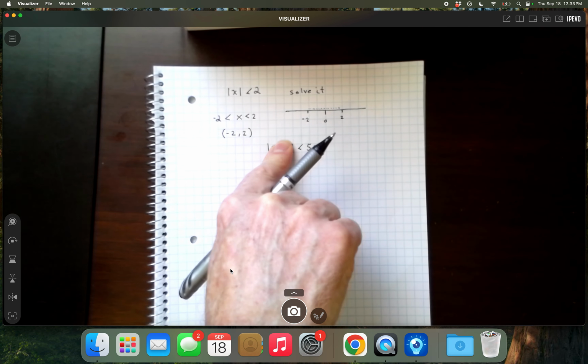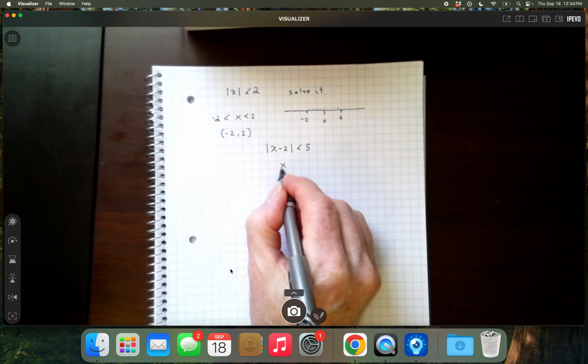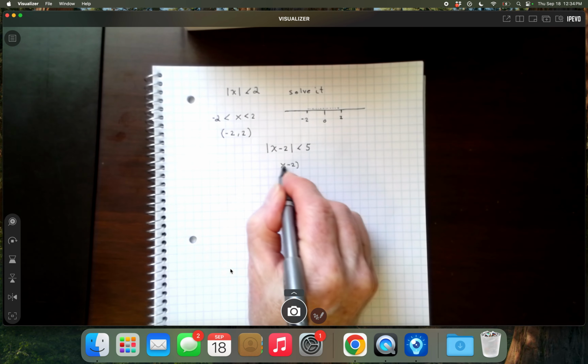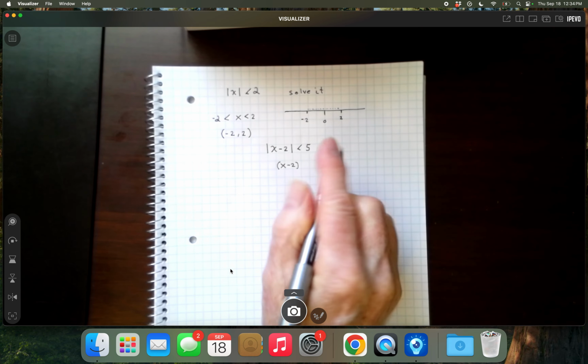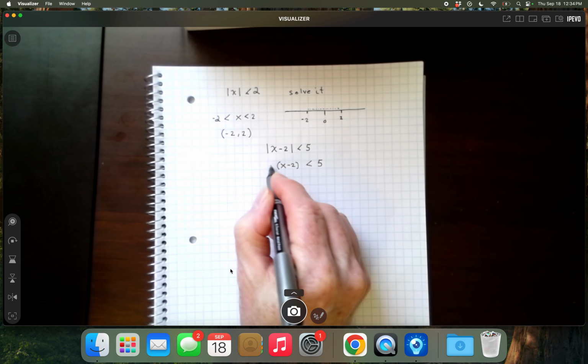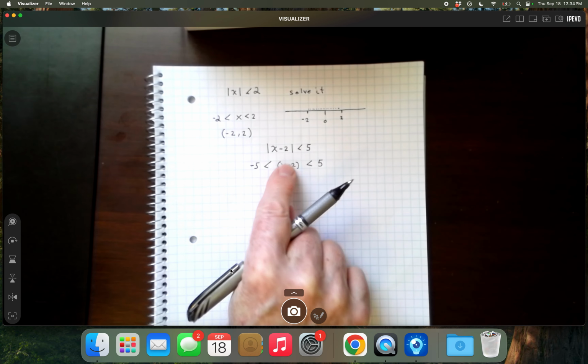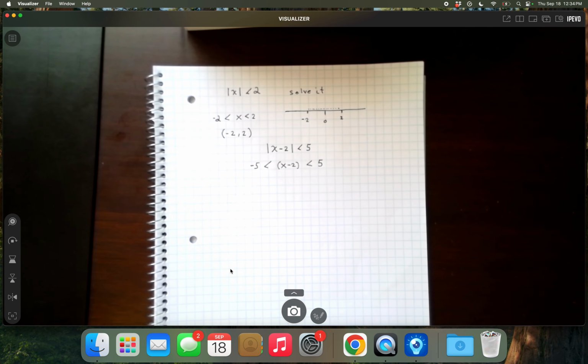So it means that something, that x minus 2, let me put in parentheses, whatever is in here lies between 5 and above minus 5. That's the first step you got to do to remove those vertical bars.